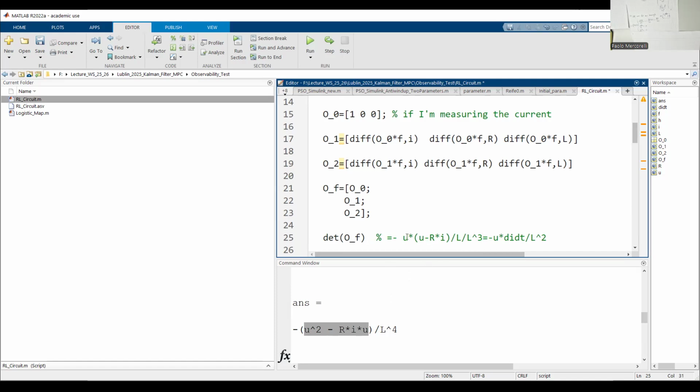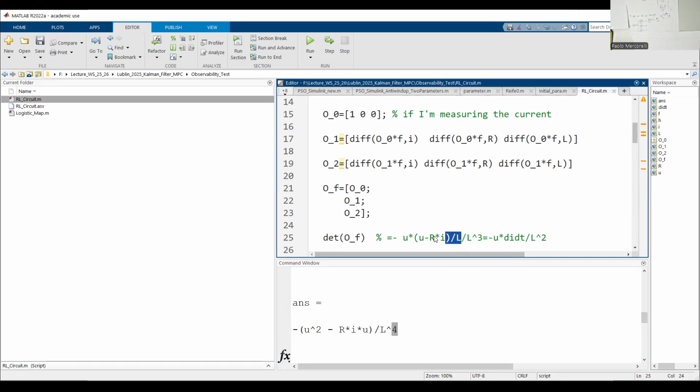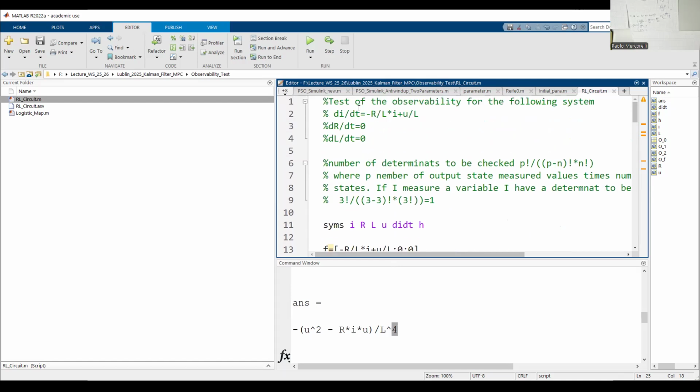Put in evidence this, I have to treat because here I have an error. Look, but this expression here is the derivative of the current with respect to the time. I don't know if it's visible from here.